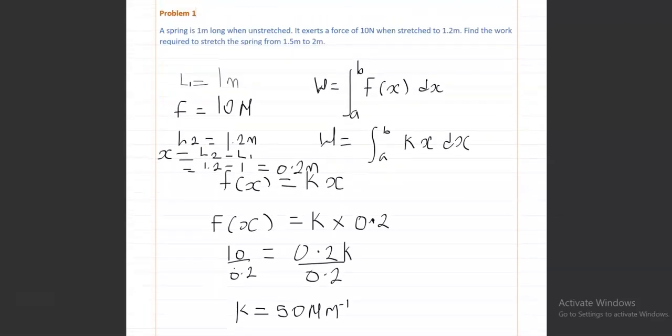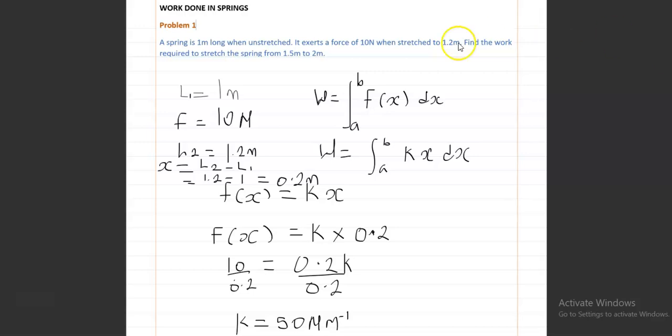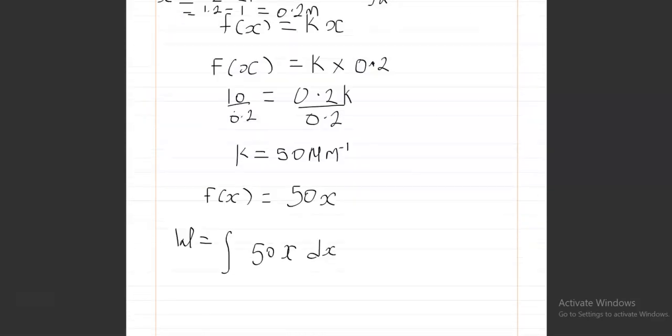We're trying to find the work done required to stretch the spring from 1.5 to 2 meter. So that's the interval we're talking about along the x-axis, from 1.5 to 2 meter.